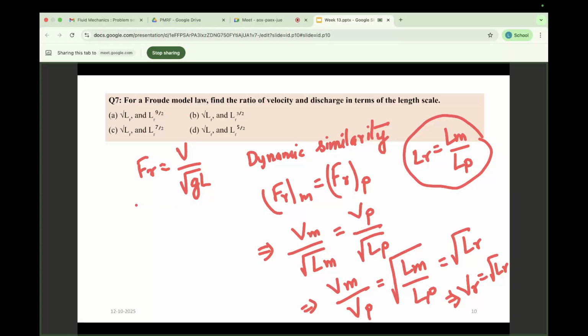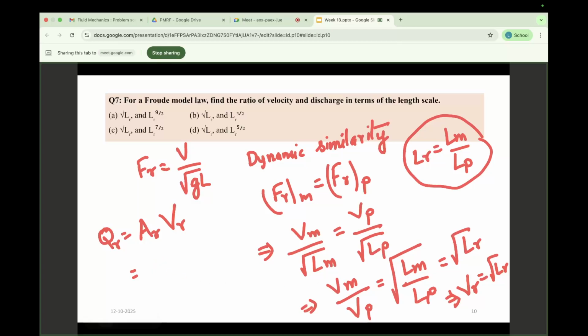So all the four options have velocities with the same thing. So with the velocity we can say anything. Now for discharge. So what basically is discharge? I can easily write what is Qr. Q is A into V, so I can write Ar into Vr. Vr is this Vr. What is Ar? Ar is area.